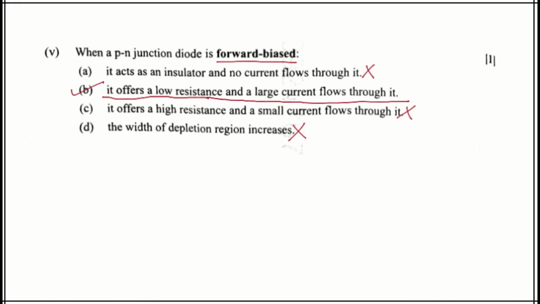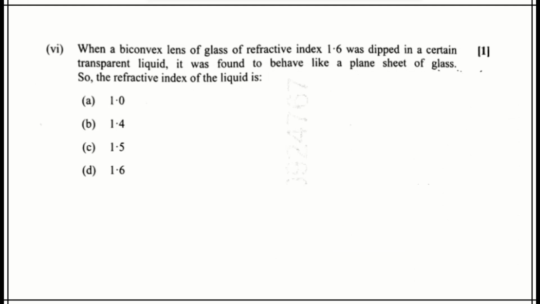Next question. Question number 6. When a biconvex lens of glass of refractive index 1.6 was dipped in a certain transparent liquid, it is found to behave like a plain sheet of glass. So the refractive index of the liquid is, when it behaves like a plain sheet of glass, that means the focal length becomes infinity.